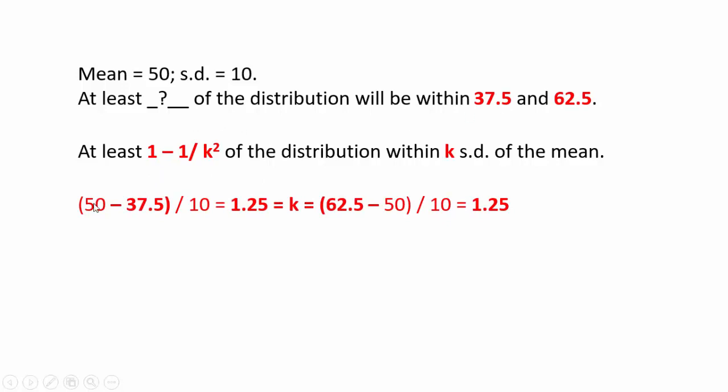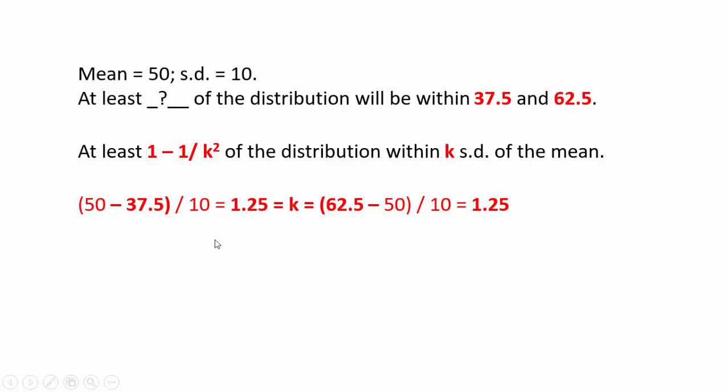The mean is 50, so the distance from the mean to the left endpoint, 37.5, is 12.5. Divided by 10 is 1.25. Same thing, 62.5's distance to 50 is 12.5, divided by 10, that's 1.25. So both of these endpoints are 1.25 standard deviations from the mean, so that's our k. We try to find out what proportion of the distribution lies within 1.25 standard deviations of the mean.